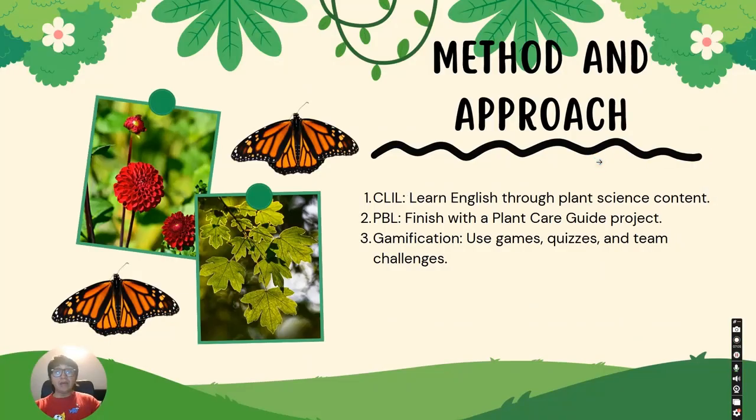Now let's talk about method and approach. For the teaching approach, I selected three strategies that complement each other very well. First, we have CLIL, content and language integrated learning. That means students learn English through science content about plants, basically basic biology.